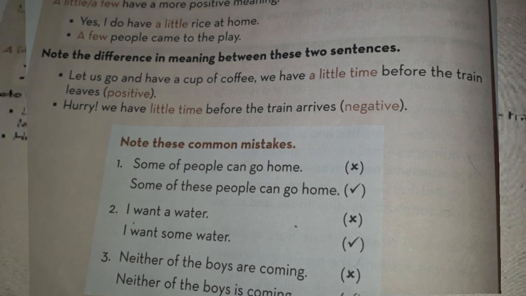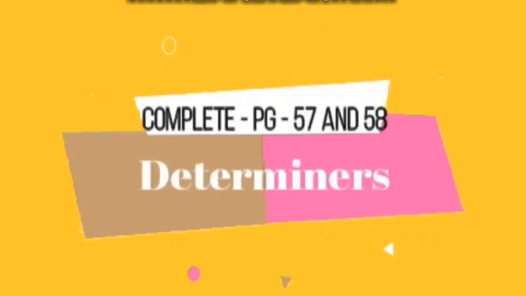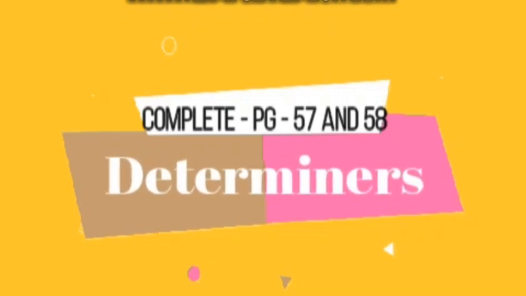Now, let us do the exercise. Page number 57. Here, exercise number 1, exercise number 2, exercise number 3, and exercise number 4 are to be done, my dear children. Read well and answer well. Especially this few, little, and a little. So, few means less, a few means more, and these can be used near countable nouns.